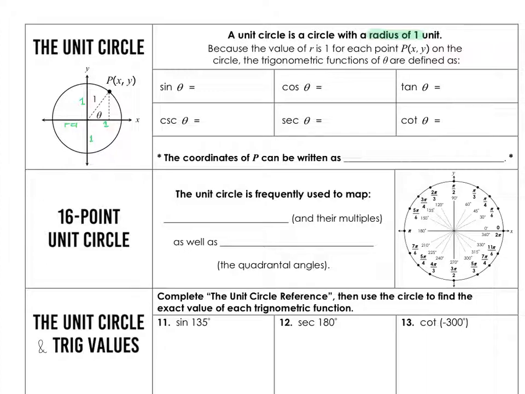Because the radius is 1, if you think about it, sine theta would be opposite. If you look at this, there's a point P here on the circle. So sine theta is opposite, which is y, over hypotenuse, which is 1 because this is a radius, just like the same thing in all of these green parts, right?